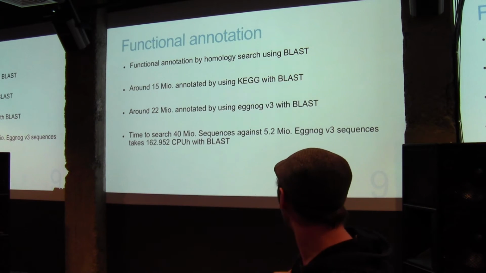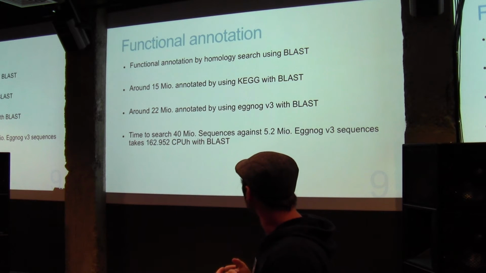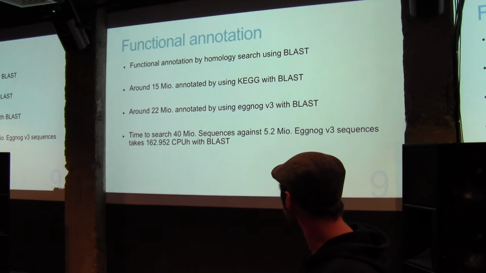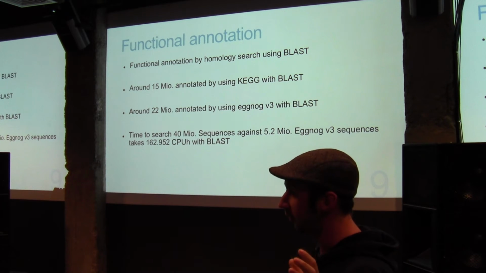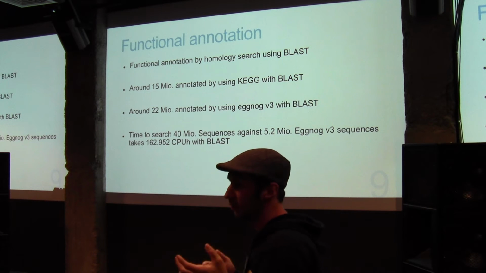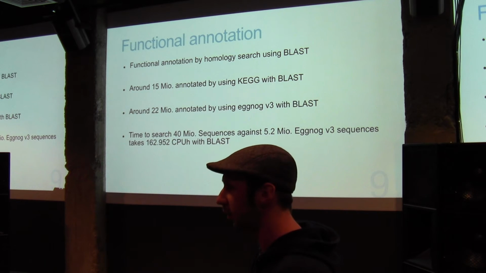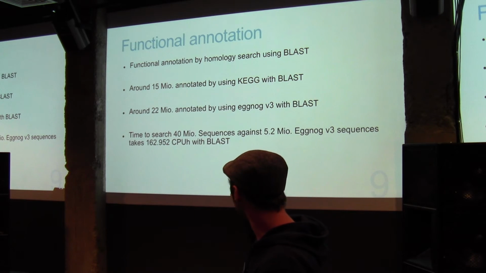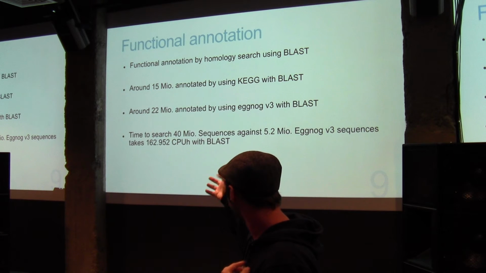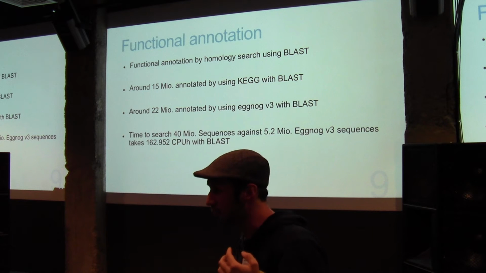And so in the paper, they started to make a function annotation using BLAST, and they ran these 40 million sequences against the eggNOG database, which is an ortholog group database, to map functions. And to run this against this ortholog database, they needed around 170,000 CPU hours with BLAST.